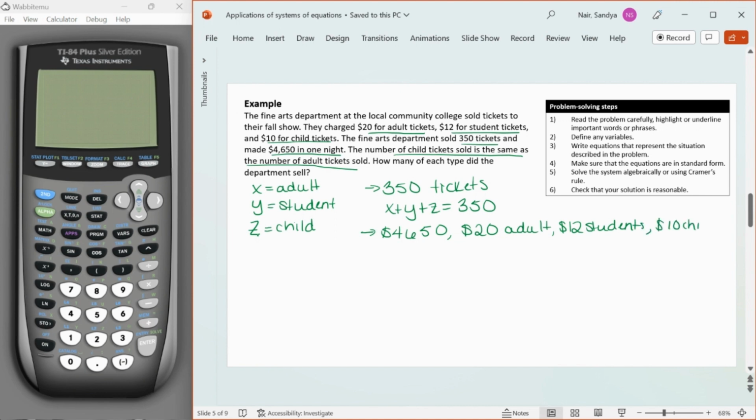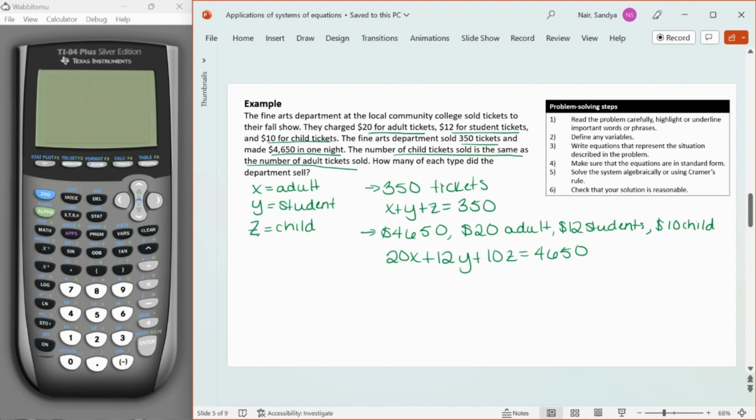We need to factor those values in when we're trying to figure out the total amount of money. So we can say that this is 20x plus $12 for students, so 12y, plus 10z is equal to the total, which is 4,650.